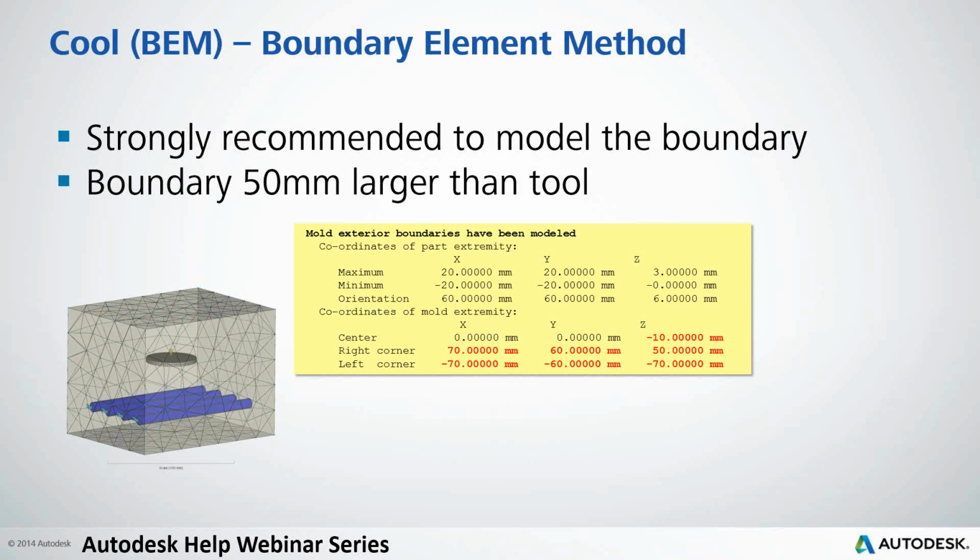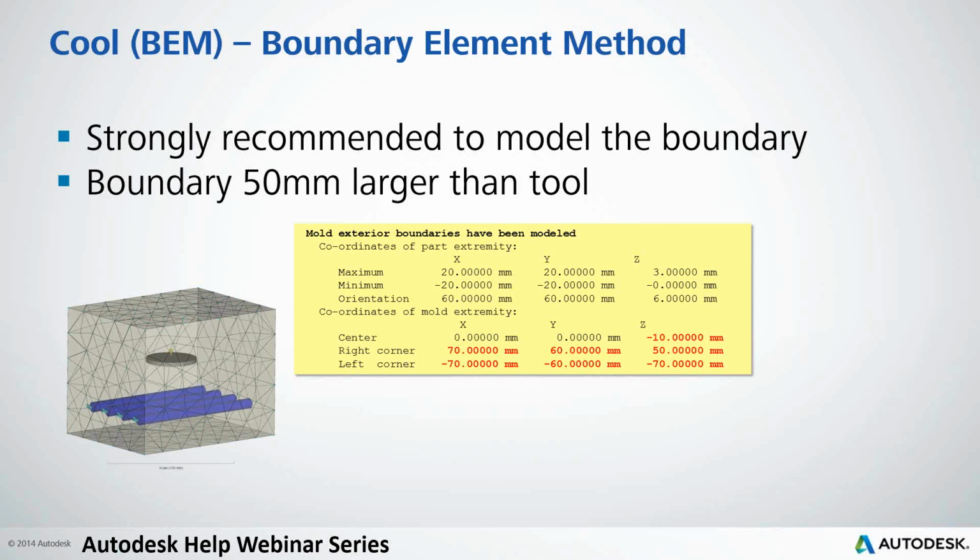If you define your boundary box, in the log file you will see something like this. You will see the message saying that we defined the boundary, and in this case, because I know that my tool will be 3 times 100, I defined a boundary which is between 10 and 20 millimeters larger.